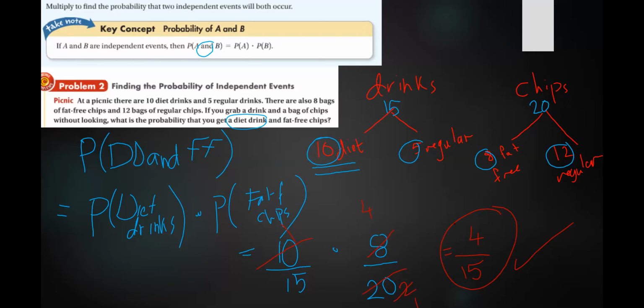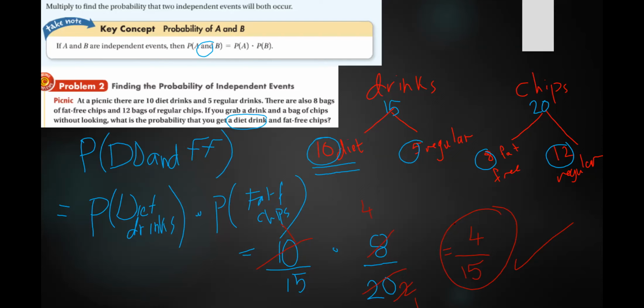You talk about drinks and chips. Two different things, that means they are independent. The number of bags of chips didn't affect the number of drinks.